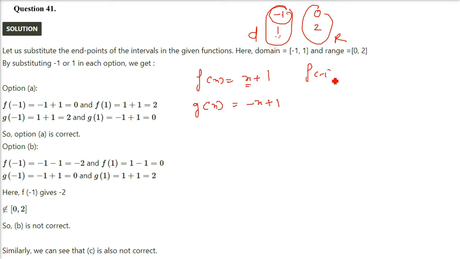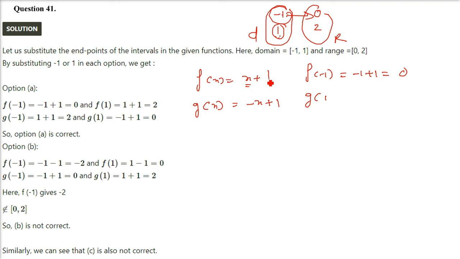So f of minus 1 is what? Minus 1 plus 1, which is 0, so it is matching. Now put 1. We'll go to g x later, because first we have to talk about f x. f x and g x are two different linear functions which should show the mapping of minus 1 and 1 to 0 and 2.